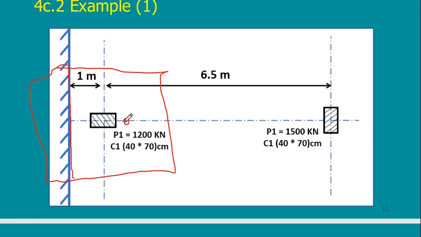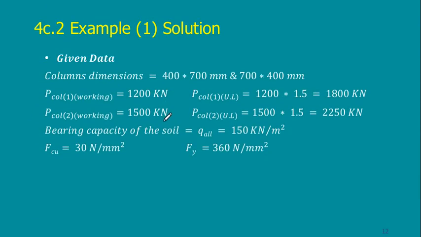It means that the CG would be here, and this is the CG of the column. It means that the column is exerting a moment in this direction. So I need to put a strap to connect this column to this column so that it would pull back the effect of this moment.